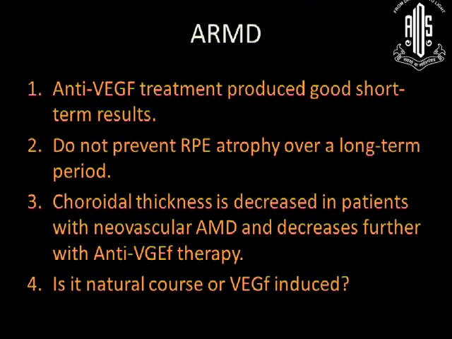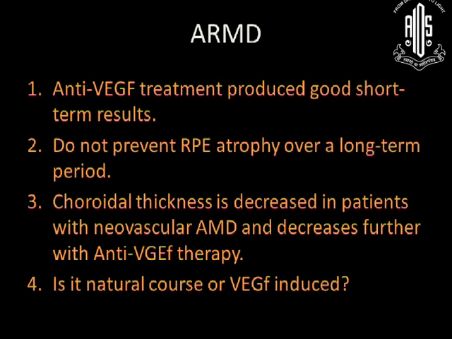Now let me show you just one quick image of age-related macular degeneration. We all know that anti-VEGF produces good short-term results. But we also know that those patients whom we have been injecting relentlessly for so many years are not prevented from RPE atrophy, and you saw beautiful examples by Professor Gupta again.